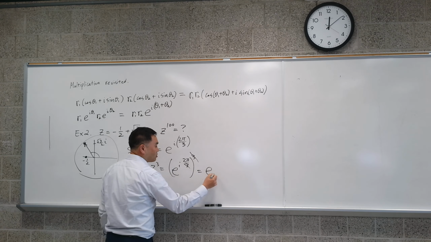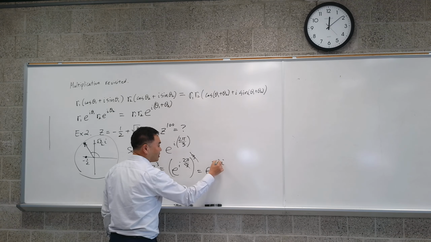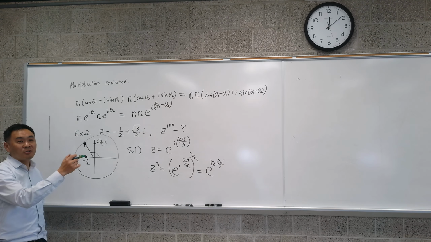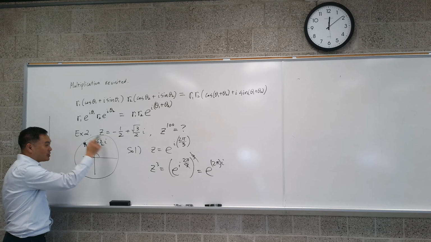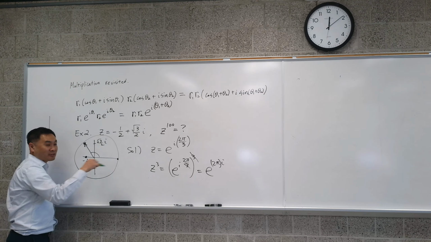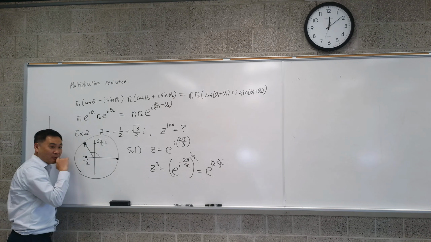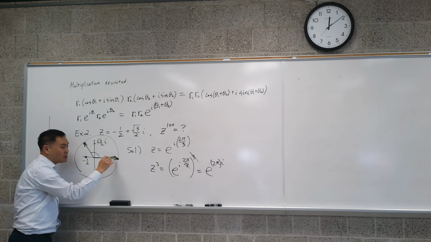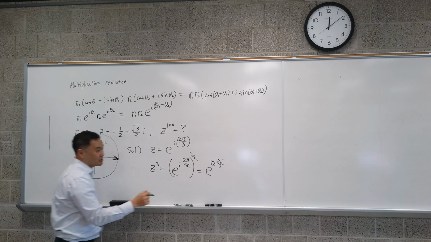So you get e to the 2 pi i. What's that? You've gone around the full circle, right? You're here. What's this value? 1.